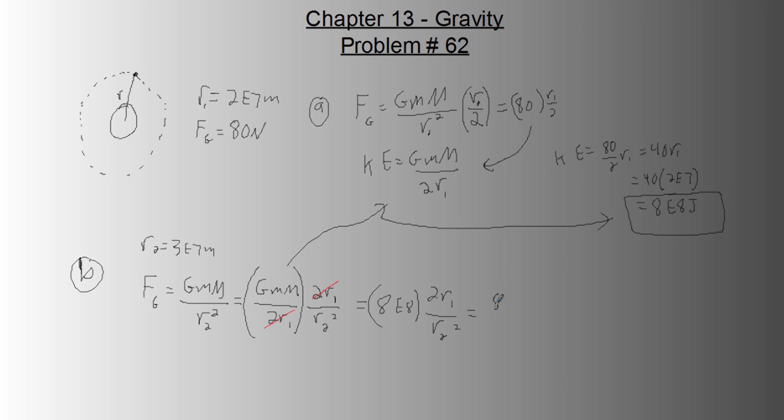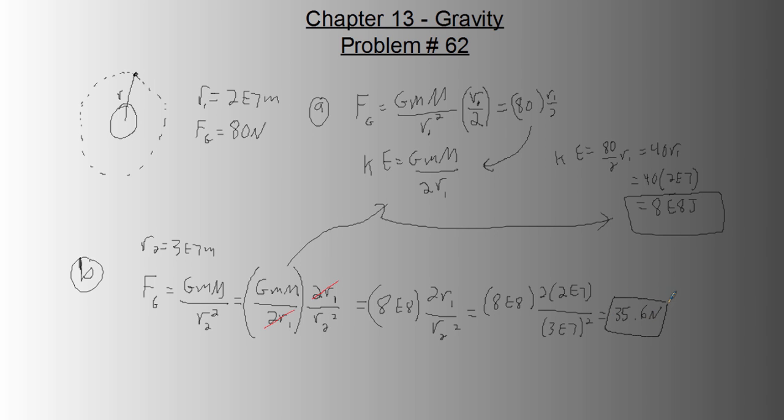Anyway, so 8e8 times 2 times r1, which is 2e7, over 3e7 squared, and that gets you a force of 35.6 newtons.